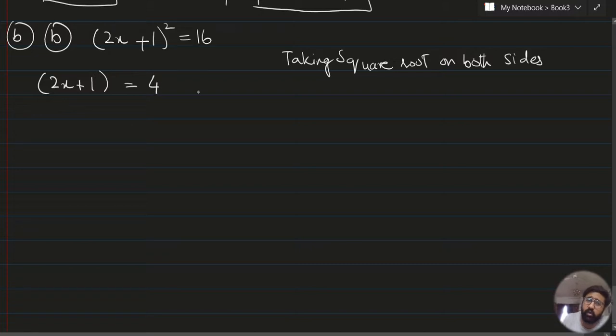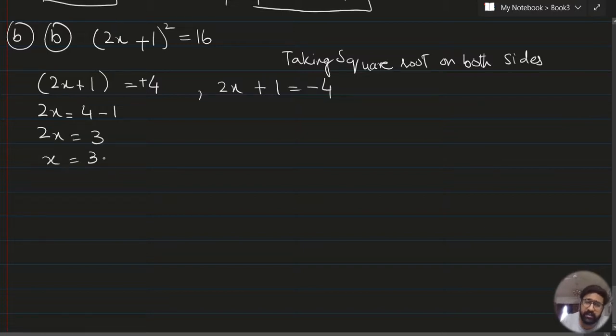One is going to be plus 4, and the same is going to be there but with a negative sign, minus 4. So if we simplify this, we are going to get 2x is equal to 3, and the value of x is going to be 3 by 2.